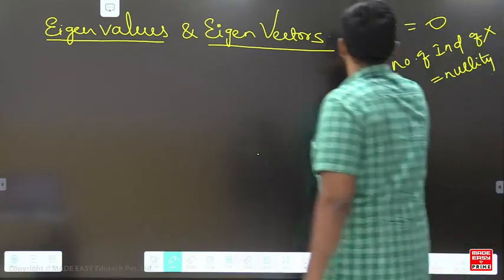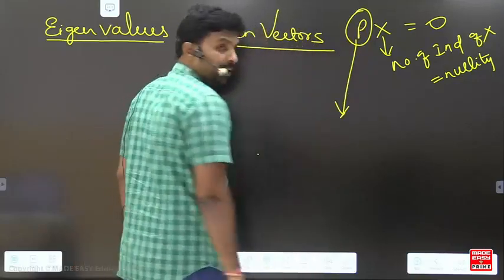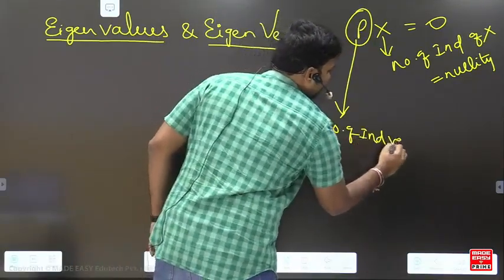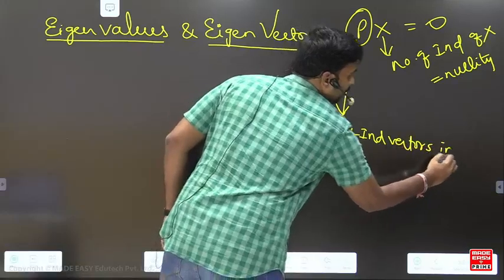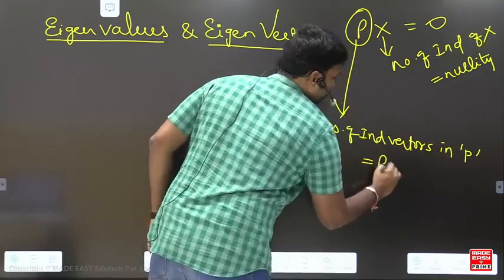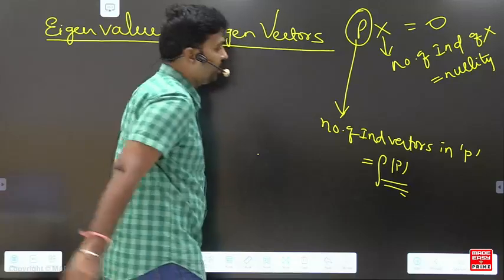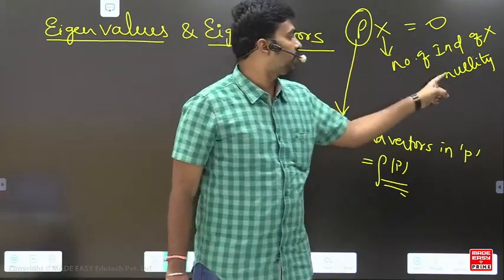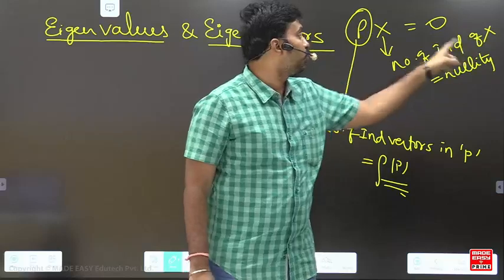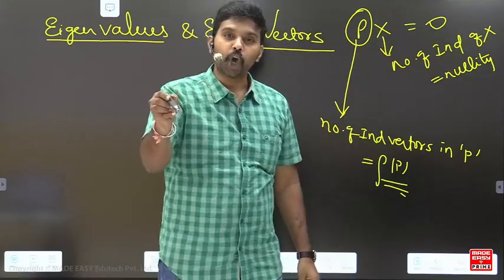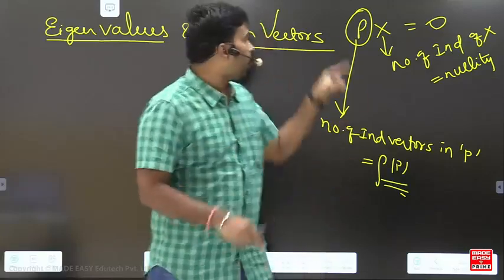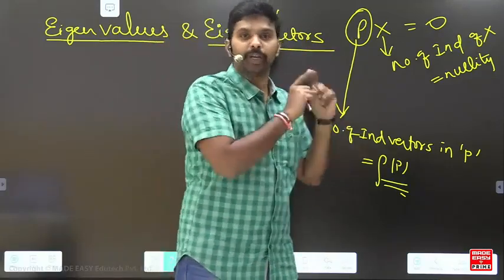When it comes to the matrix p, the number of independent vectors in p is the rank of p. This nullity is for the number of independent solutions for x. If you are talking about x, it is the number of independent solutions. If you talk about p, it is the rank of p. That's it.